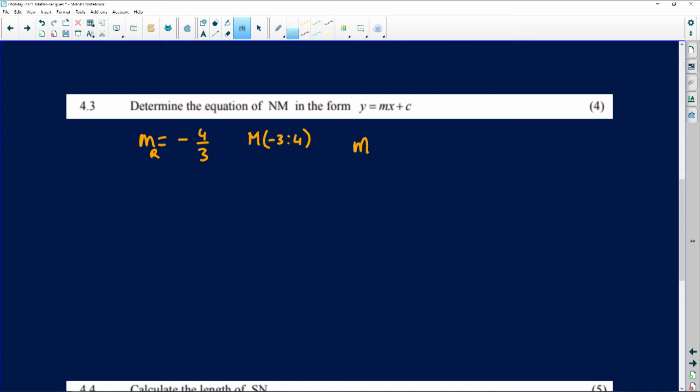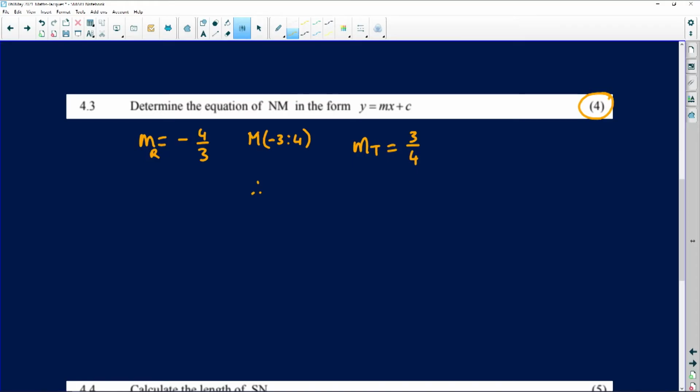So the gradient for the tangent, notice it's for 4 marks, will be 3/4. It will be the negative reciprocal of the gradient of the radius. Why? Because they're perpendicular at the point M. Okay, so quite something to remember. You don't want to stumble over this simple little negative here. Okay, and then we can go.